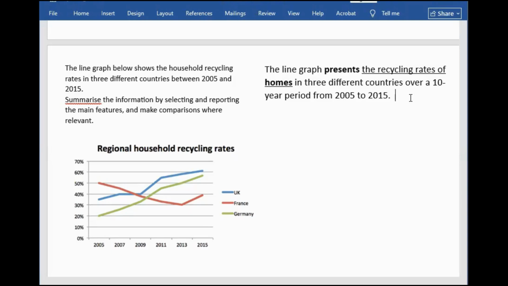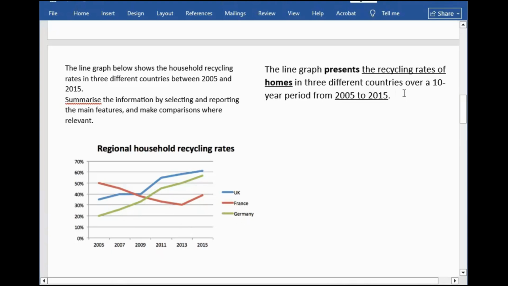You must paraphrase the question prompt, and then you must also present the time covered. You can see the time is here, 2005 to 2015. Okay? Then you must present the categories. When we say categories, in this case, categories here represent countries.